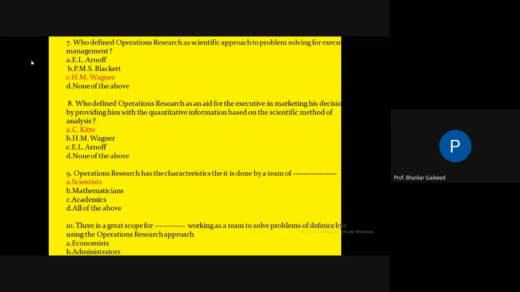So here the answer is C. It is not visible, so the answer is C. You can prepare these 10 questions. They are related to the history of operation research: which scientist has done which things. This concept is given in these 10 questions, and it is a powerful tool for management for decision making.